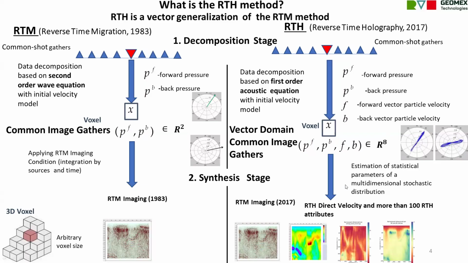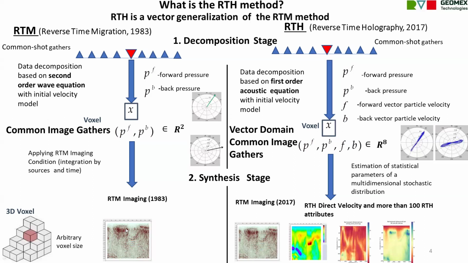Multidimensional is maybe 10 dimensional plus source number and time. It is different: the vector domain is a more powerful data set. For conventional reverse time migration, applying the imaging integration by source and time, we obtain one value with sign.